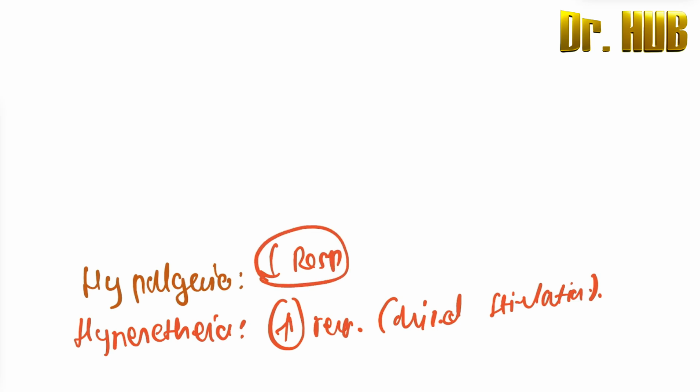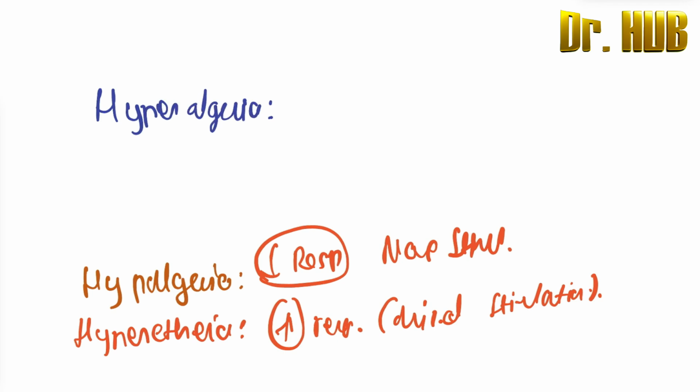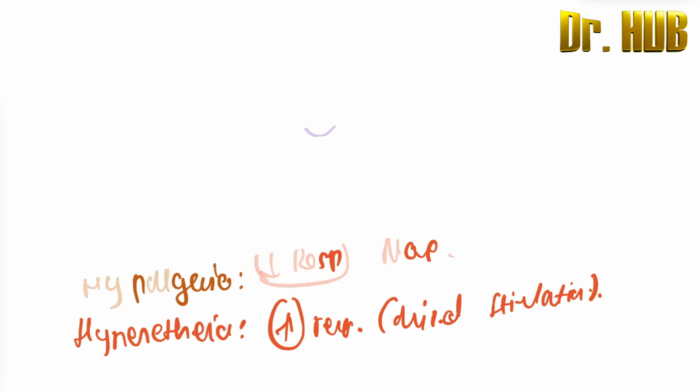Hypalgesia is a decreased or diminished response to the noxious stimulus. On the contrary, there is something known as hyperalgesia. Hyperalgesia means an increased response to the noxious stimulus. These are the terms commonly confused.